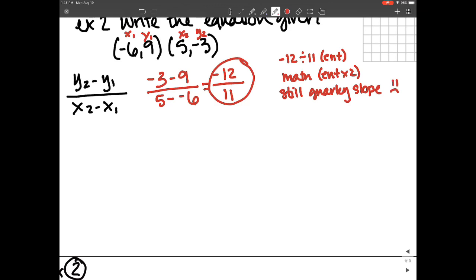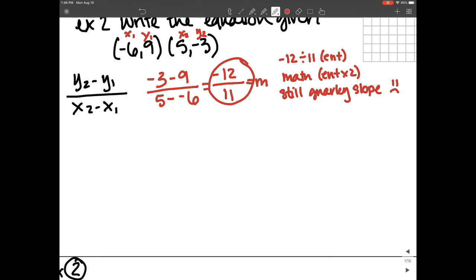So now I have an m, and I have 2 points. And really, I'm going to go back to solving example 1. I just am going to pick one of the 2 points. It doesn't matter which one you pick. Let's do it this way actually.